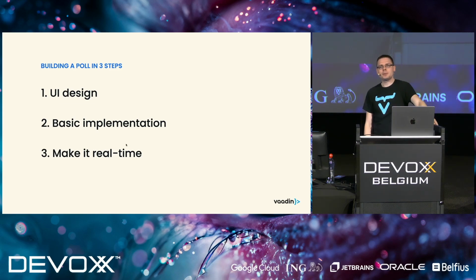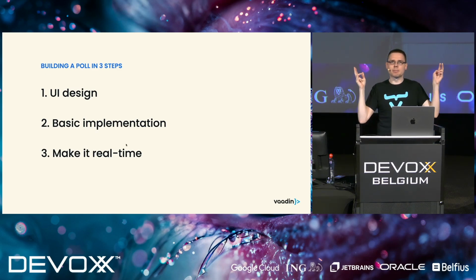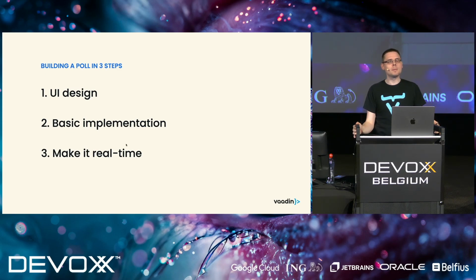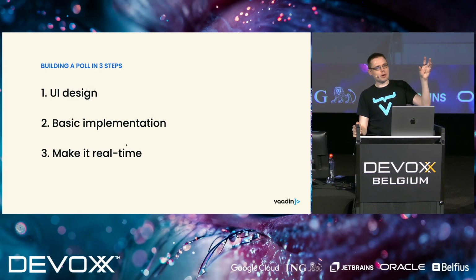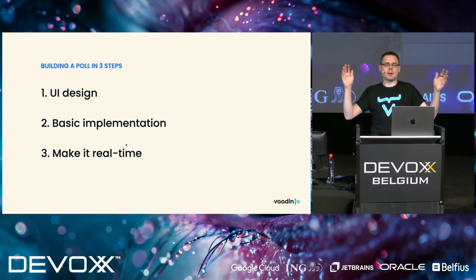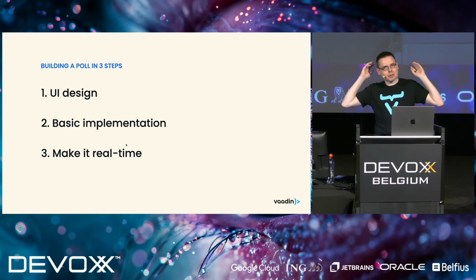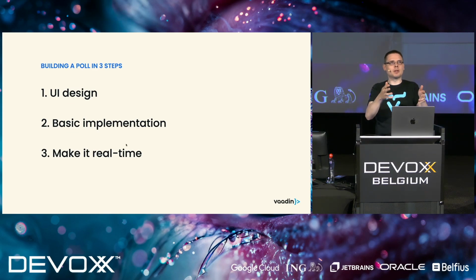So, to wrap up, when you build a poll or anything else with real-time updates, there are three very simple steps, at least when you build a simple demo. Start with the UI design. This is kind of like a waterfall, and we all know how good waterfalls are in software development. You start with the UI design, then you do a basic implementation without thinking about real-time updates at all. Just add your state management with your favorite front-end framework.